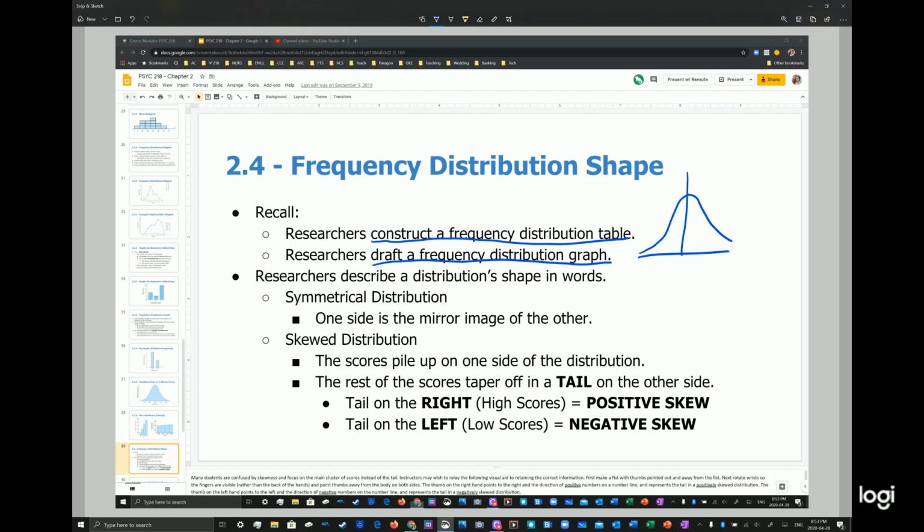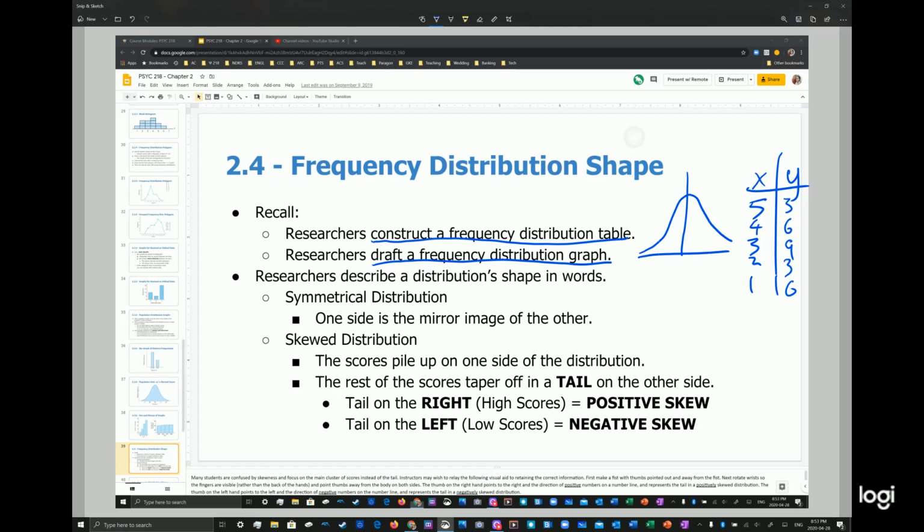It's easier to describe pictures. There are sayings for this, like a picture's worth 1,000 words. But if you learn to look at frequency distribution tables, and I just made one like this, I'll use numbers this time, you can still make the same conclusions if you know how to look.